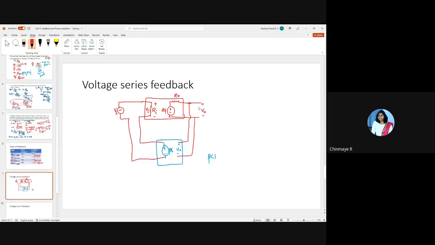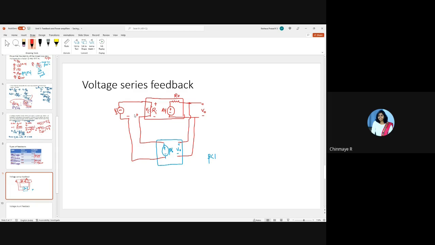You have sampled the output voltage in shunt, but when you're feeding back, you're going to feed it back in series. This is how it is done. That's why this is called a voltage series feedback, where you're sampling the output voltage in shunt, but then you're feeding the voltage back to the input in series.